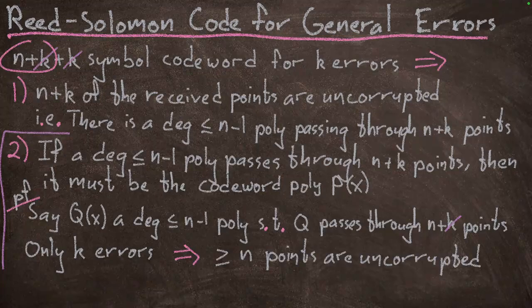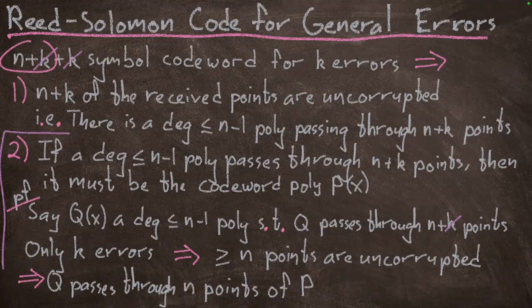Only k errors means that there's at least n points that are uncorrupted. And that means that q, it might be cut off there, I'm going to read it to you: q passes through n points of p. P was the code word, and q passes through n points of p because we know n points are uncorrupted.